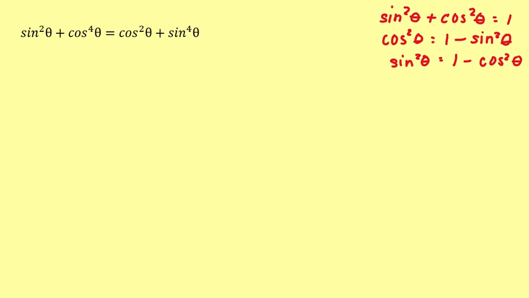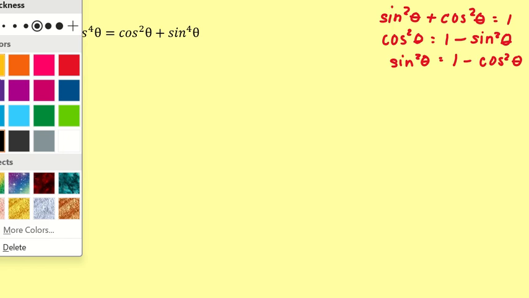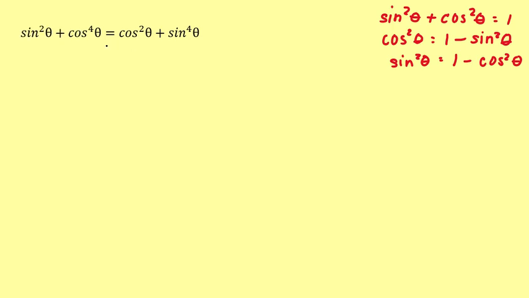Since I'm working on the right side, let me change the color of my pen here. This should be based on the Pythagorean identity. I would like to remove this cosine squared and express it in terms of sine squared theta, because there's sine squared theta here.